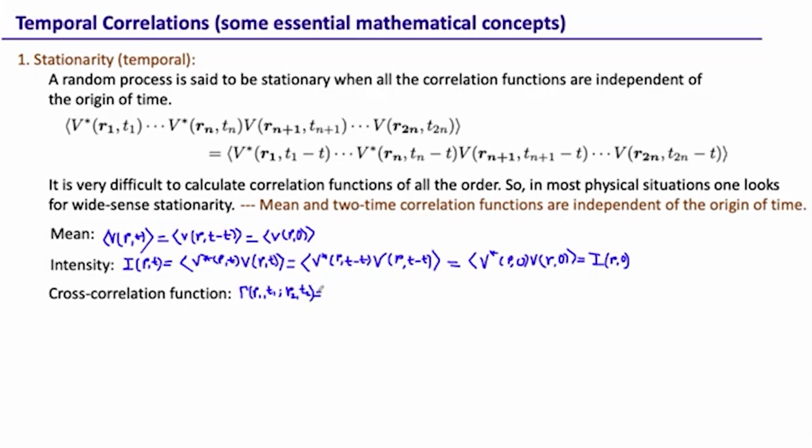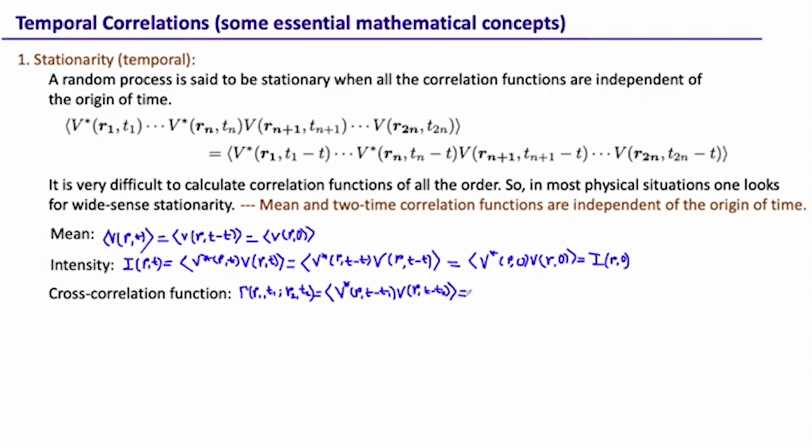This is defined as the ensemble average of V star (r1, t minus t1), just as in the last example, and V (r2, t minus t2). So that's the cross correlation function.